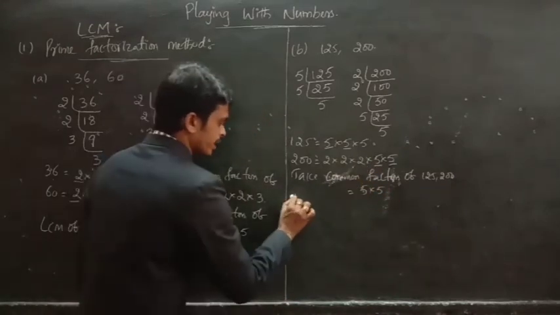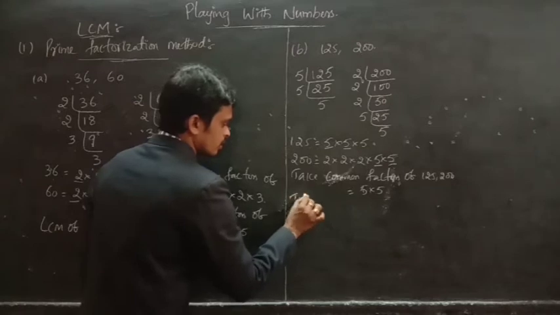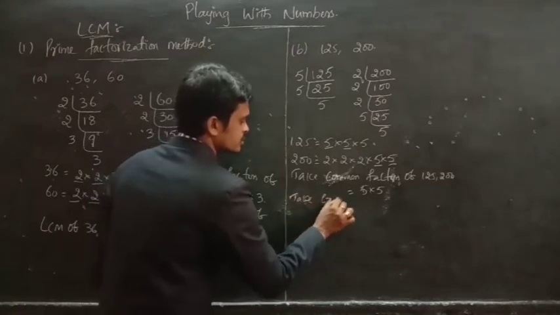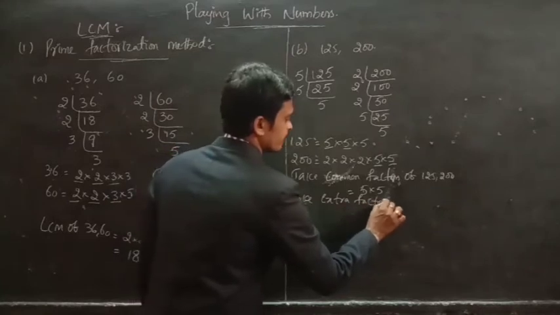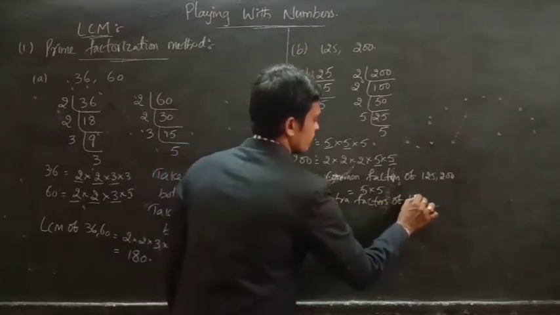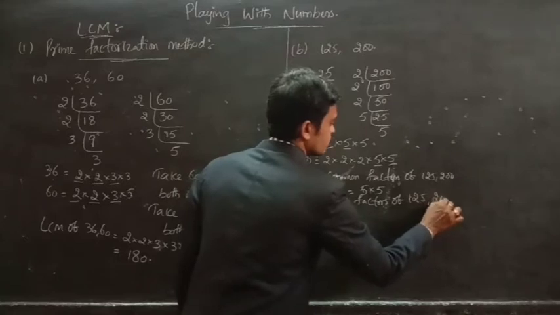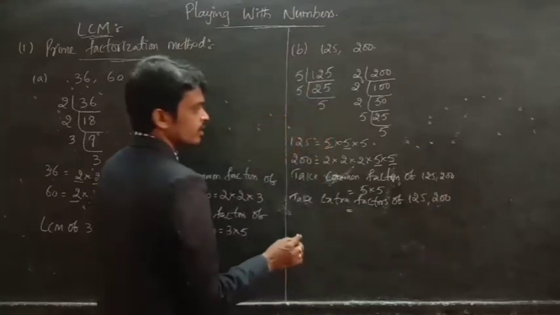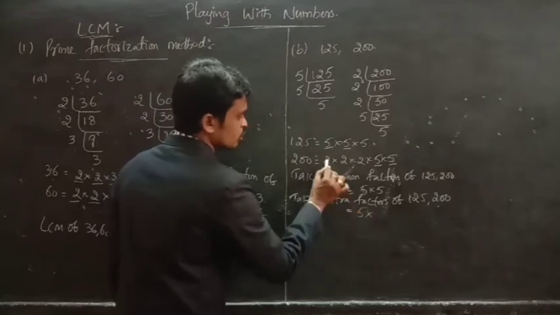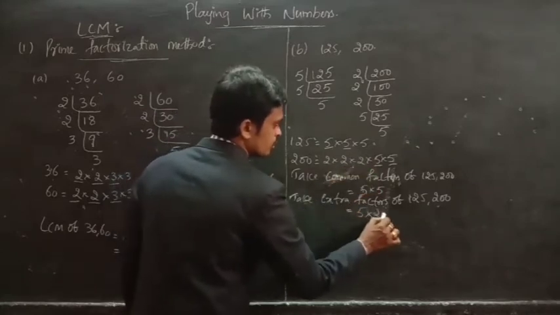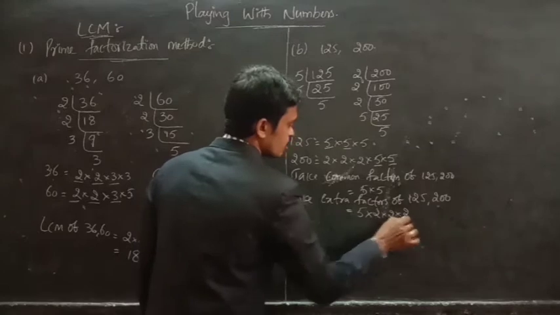Now take the extra remaining factors of 125 and 200. The remaining extra factors are what? 5 into 2 into 2 into 2.